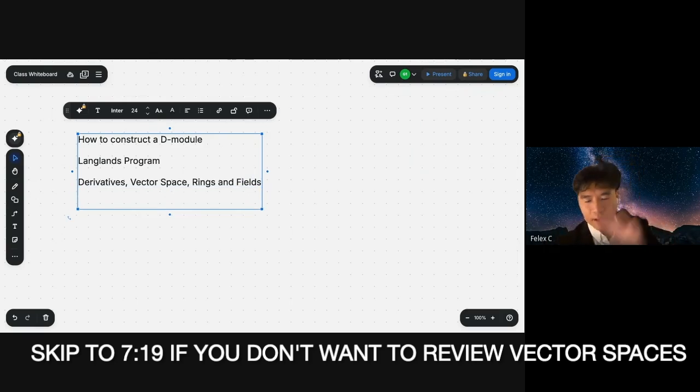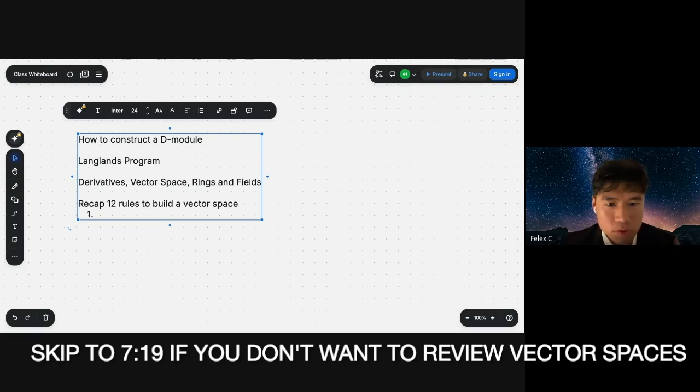Okay, so let's recap the rules to building a vector space. I kind of counted 12 of these. So recap 12 rules to build a vector space. Okay, cool. So suppose you have a set M of elements, called the vectors.